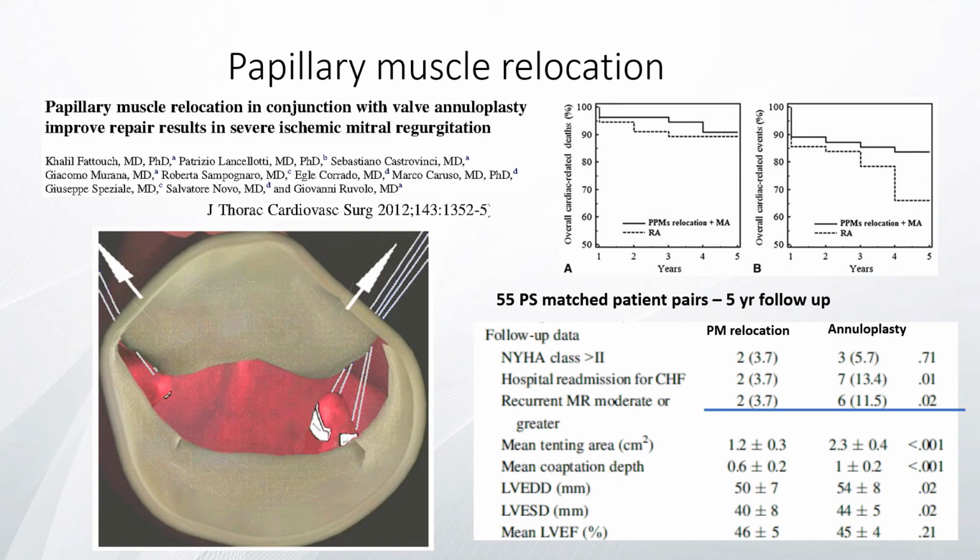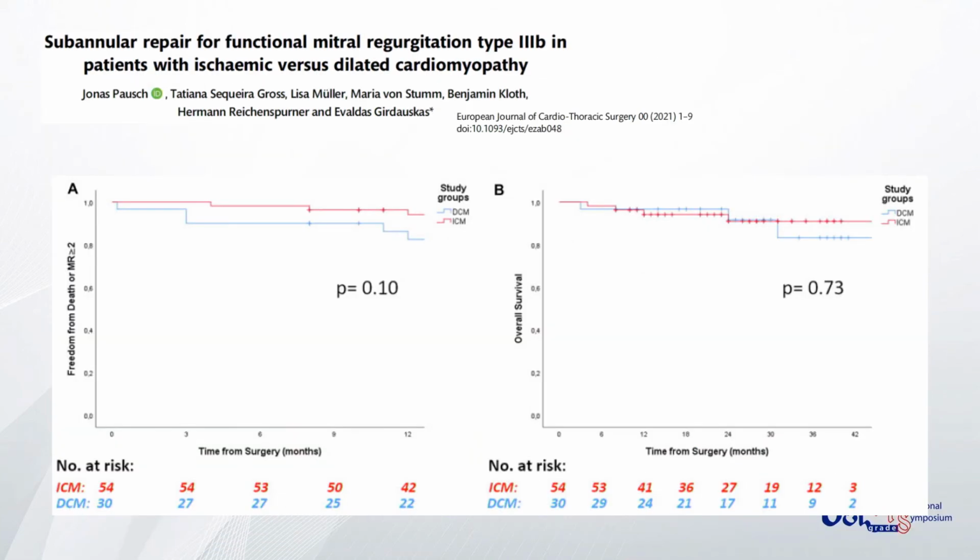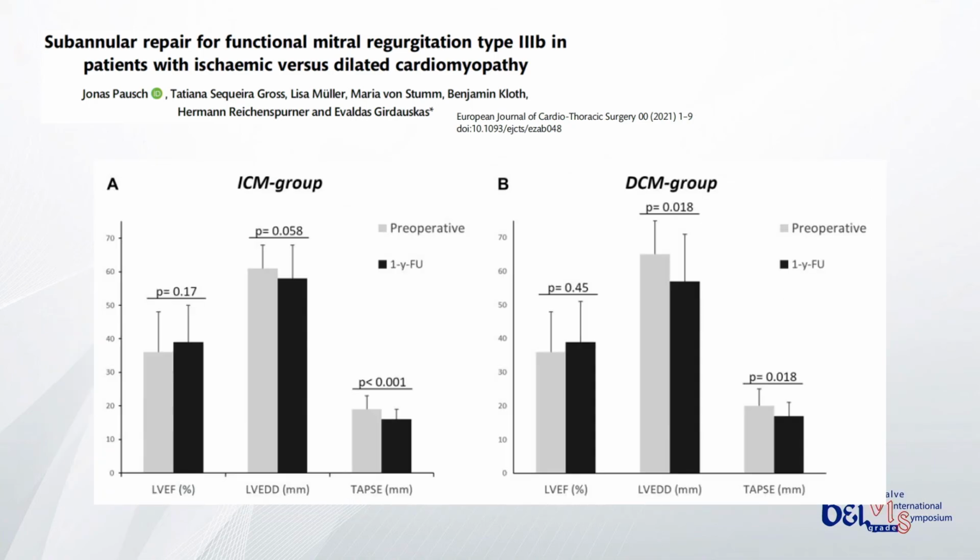And these are the data for papillary muscle relocation, showing that there is a difference of 11% regurgitation versus 3.7 in Fattouch's material 5 years later. This is the recent data just on the papillary muscle repositioning coming from the German group, showing very small number of mitral regurg appearing in both ischemic and dilated cardiomyopathy, and some improvement in left ventricular function.